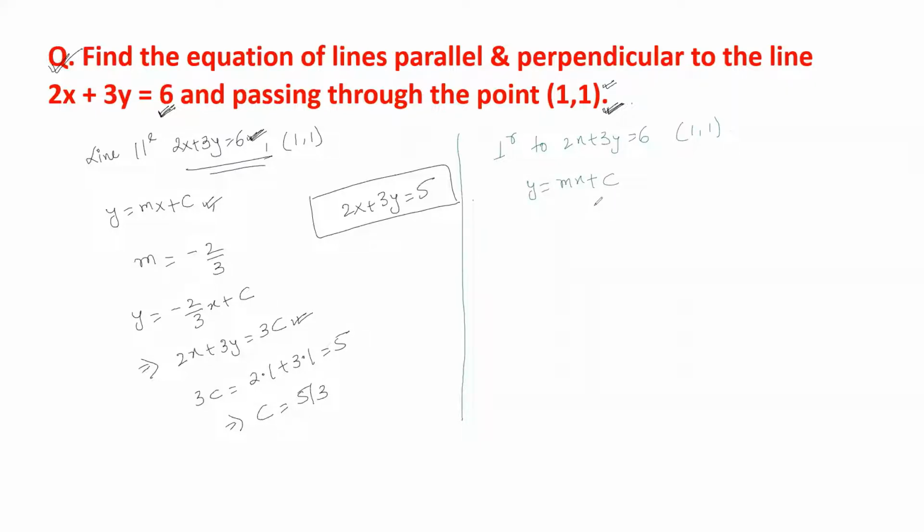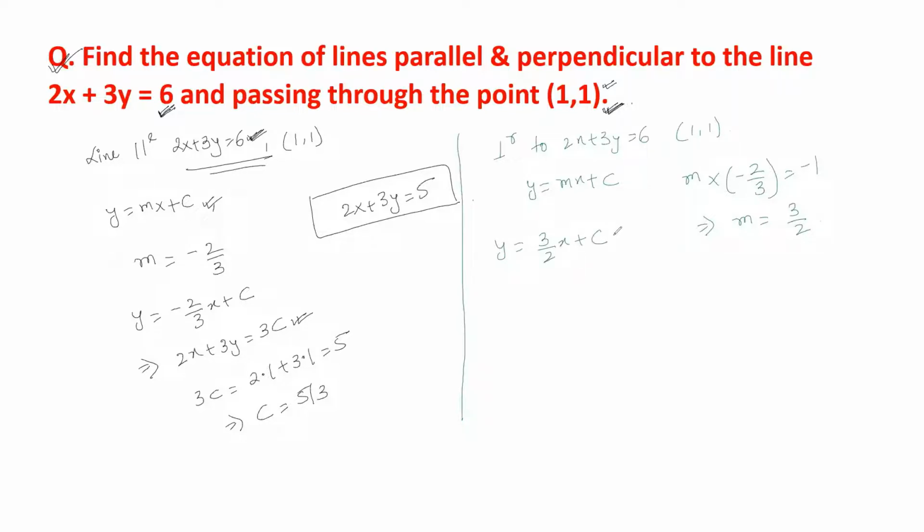Now, since these two lines are perpendicular, so the product of their slopes would be minus 1. So we can write m times of minus 2 by 3 equal to minus 1. So from here, m would be equal to 3 by 2. So the equation of the line would be y equal to 3 by 2x plus c.